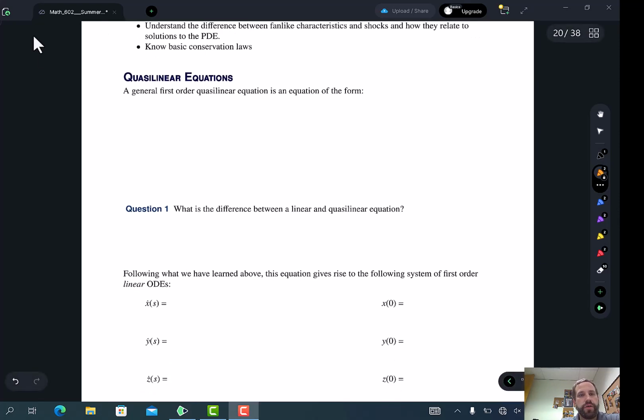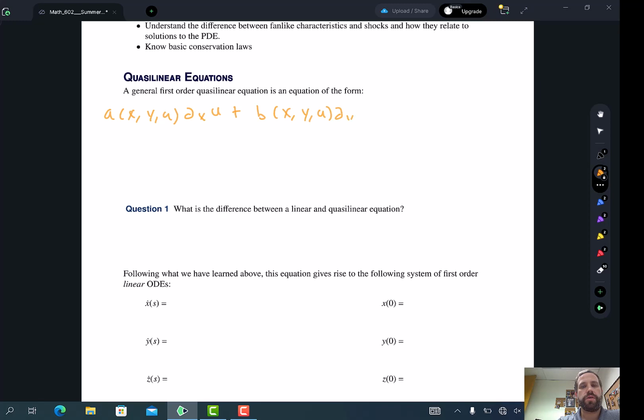Okay. So the general quasi-linear first order equation, so we're going to have the PDE, a of x, y, u, times the x derivative of u, plus b of x, y, u, times the y derivative of u is equal to some function c of x, y, u.